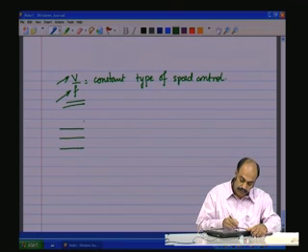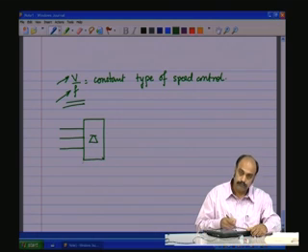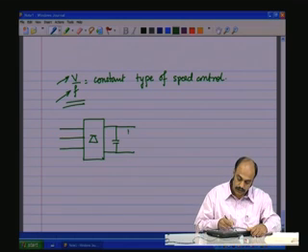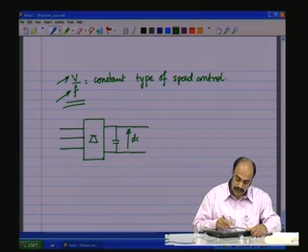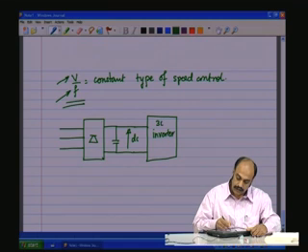It should now pass through a rectifier, filter, and this is now made into a DC bus. Now this DC bus should now pass through an inverter, 3-phase inverter, which now gives 3-phase AC.